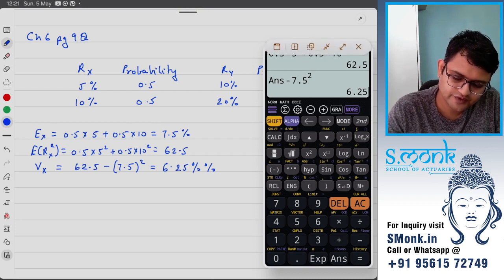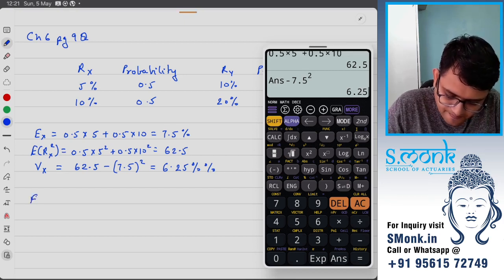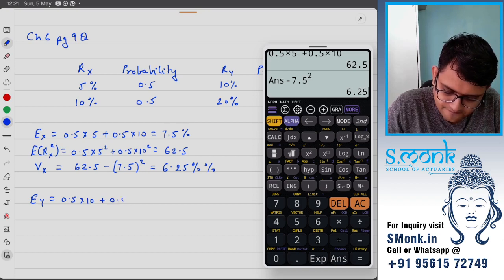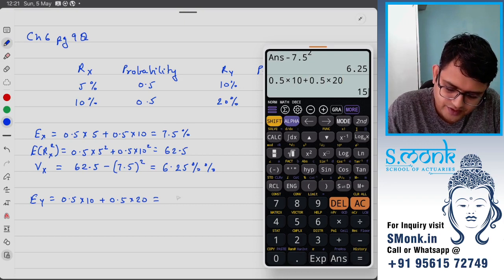Same thing we'll have to do with Y. It's going to be in the middle, so we know it's going to be 15.